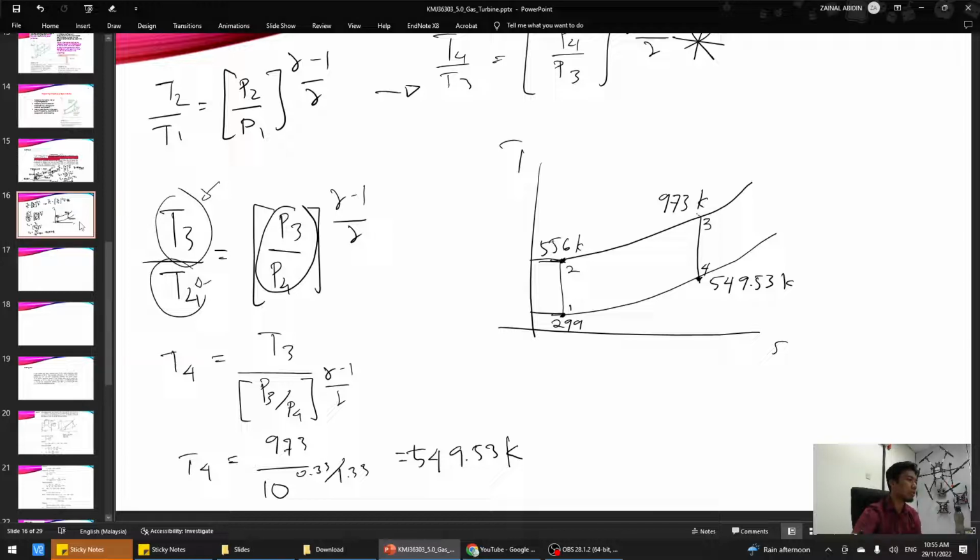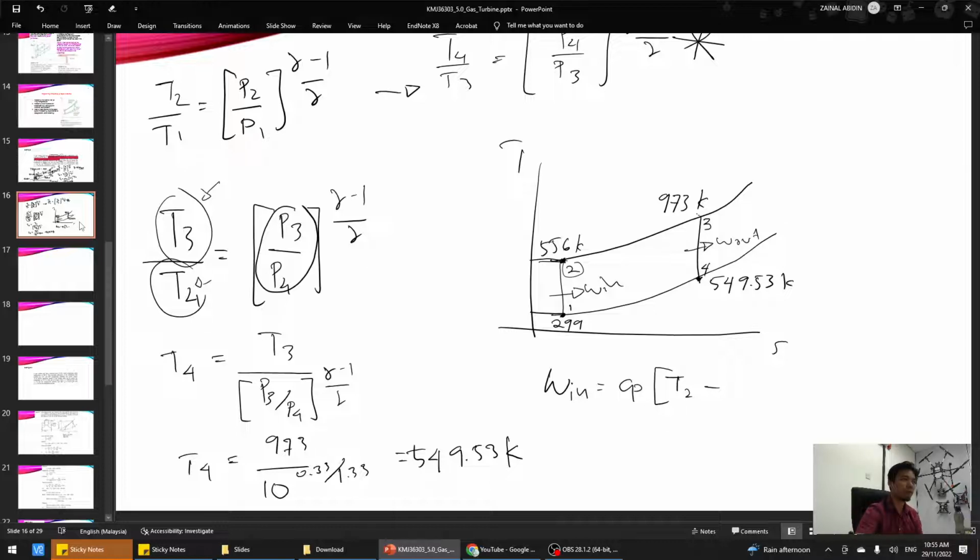Work in, what is the formula? Work in equals CP times T higher minus T lower, here T2 minus T1. Here is work in, here is work out. Don't memorize the equation.